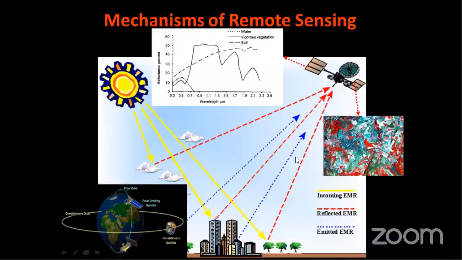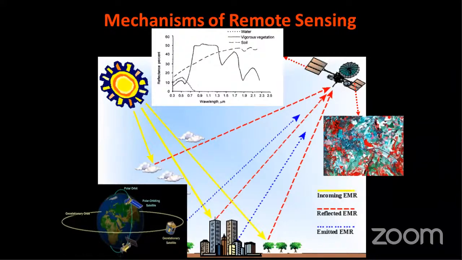Then the sensor records this reflected energy, and it is converted into digital images, where you can see this red is basically vegetation, this open cyan color is basically the fallow land, and this dark cyan is basically vegetation settlement. So this is what the remote sensing mechanism is.